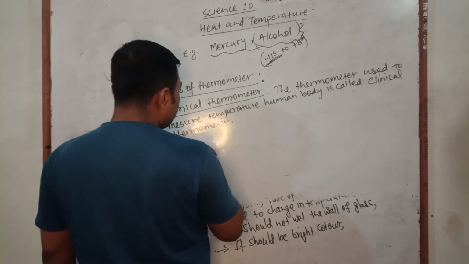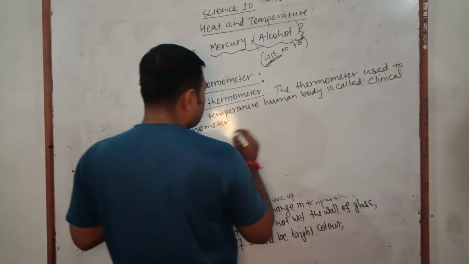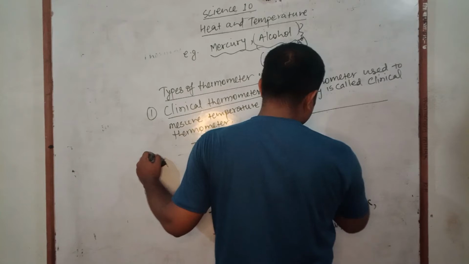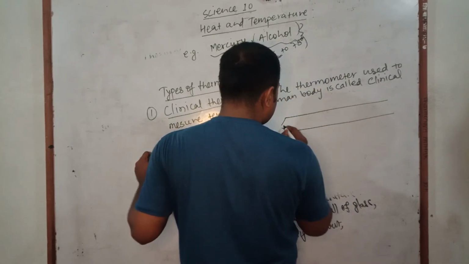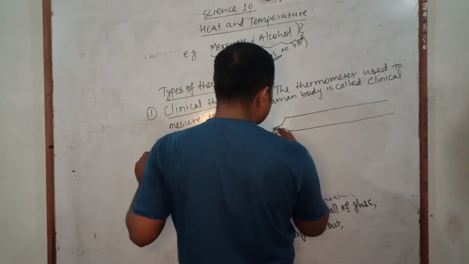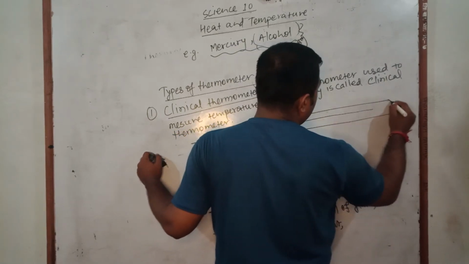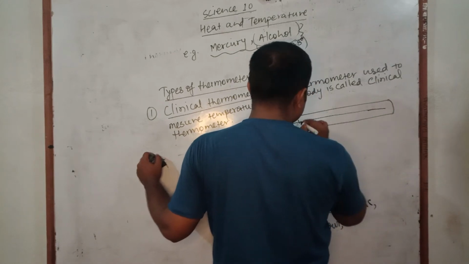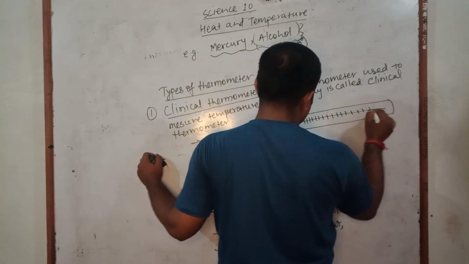Listen. The main features of clinical thermometer are here. When we draw the simple structure of clinical thermometer, it contains a bulb like an ordinary thermometer, thermometric liquid, and calibration or graduation is found on the stem.